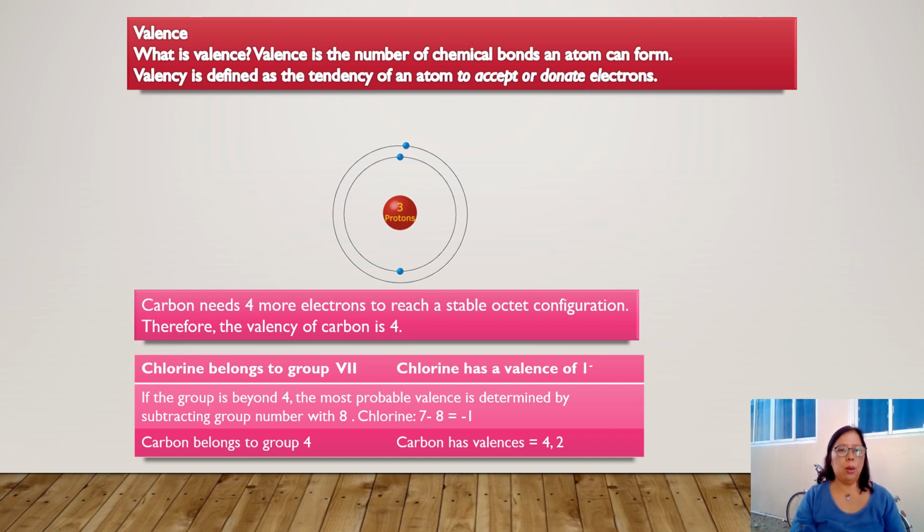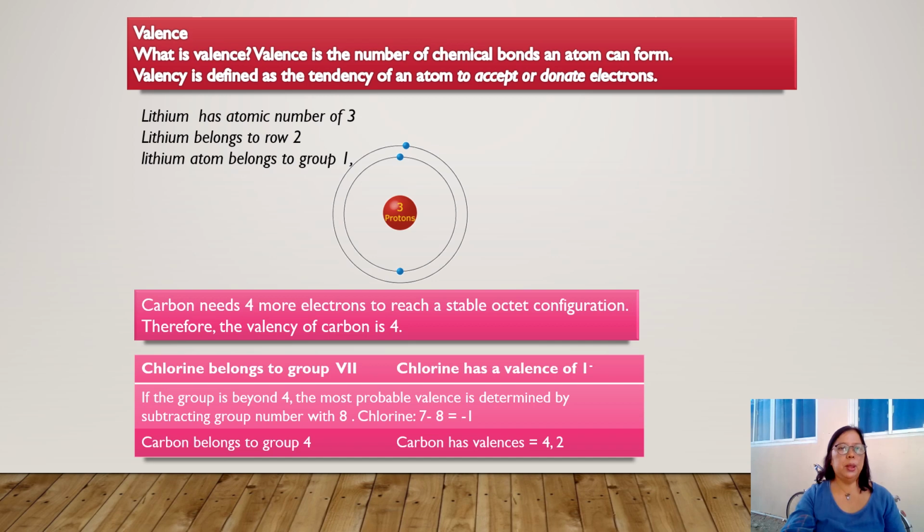Hence, the valence is 1. Carbon belongs to group 4. Carbon has two valences. You have the 4 and the 2. The 4 as a valence is a result from 8 minus the group number 4, that is 4.